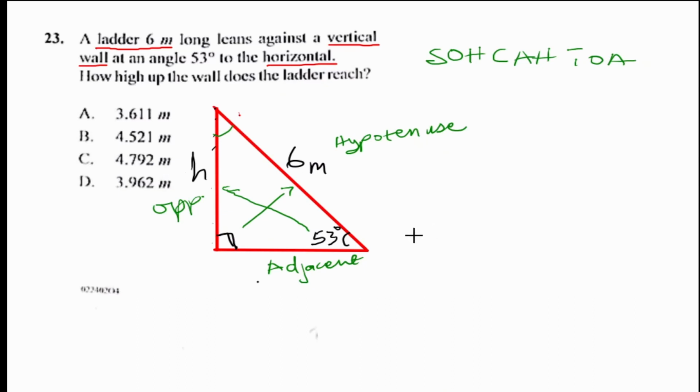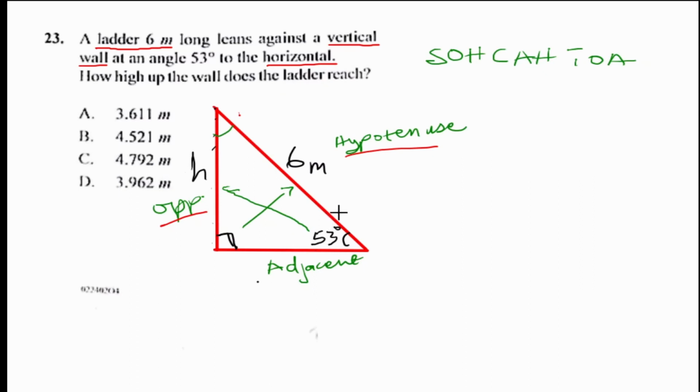Right. So now that we know here, we know the angle which we are taking either sine, cos, or tan of, and we know the hypotenuse. And now the side we are looking for is the opposite. That means we need the ratio that will make use of the hypotenuse, opposite, and the given angle, so that we can find the missing side.